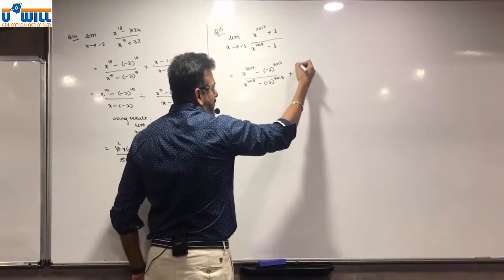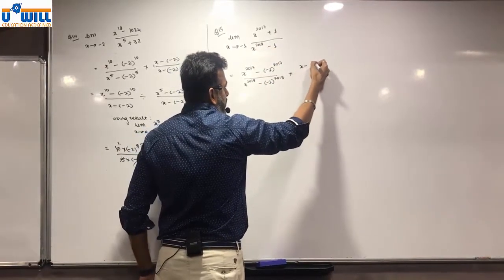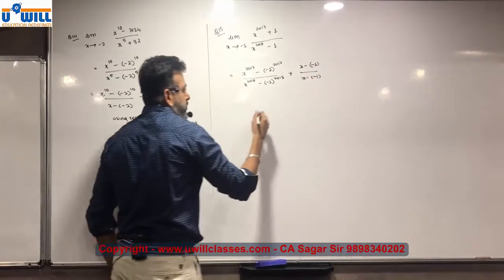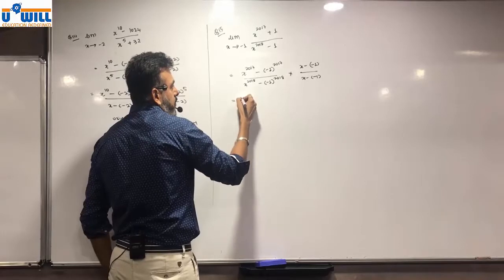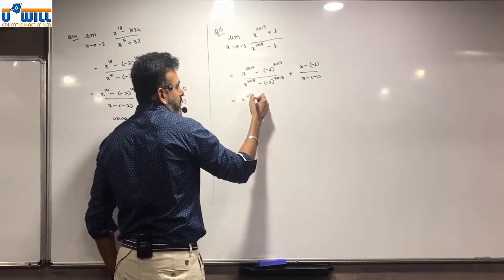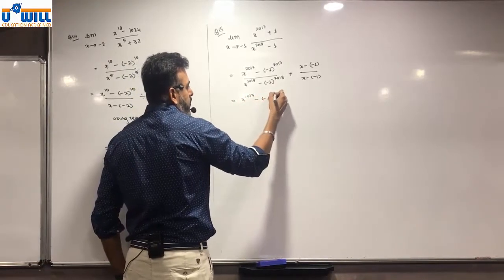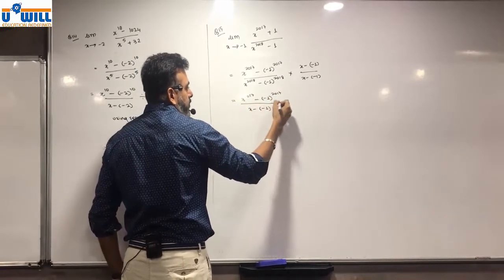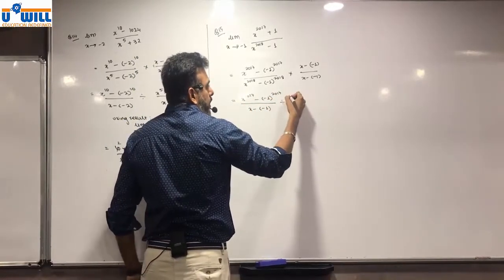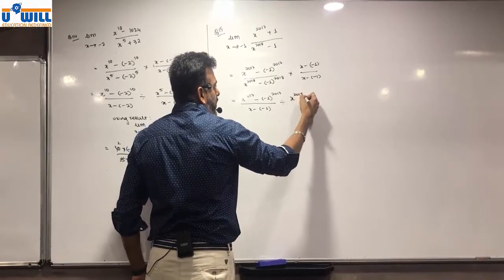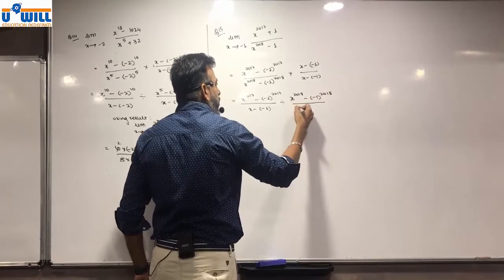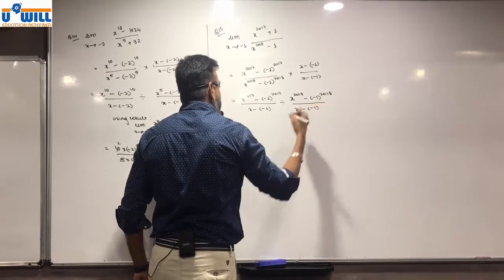Now we multiply with x minus (minus 1) upon x minus (minus 1), which is equal to x raised to 2017 minus (minus 1) raised to 2017 upon x minus (minus 1), divided by x raised to 2018 minus (minus 1) raised to 2018 upon x minus (minus 1).